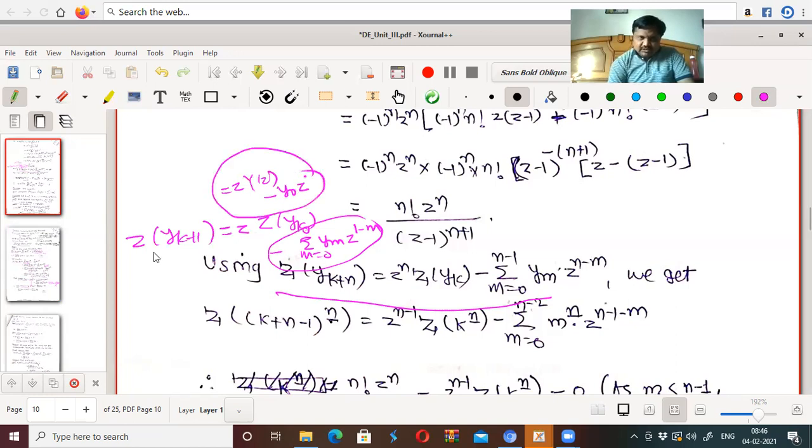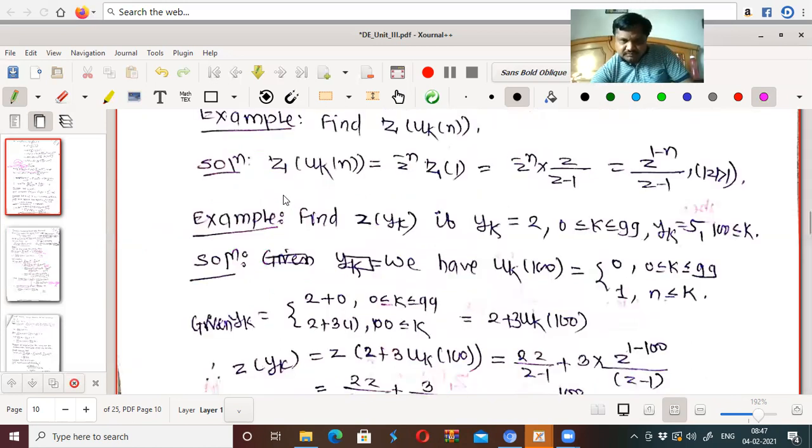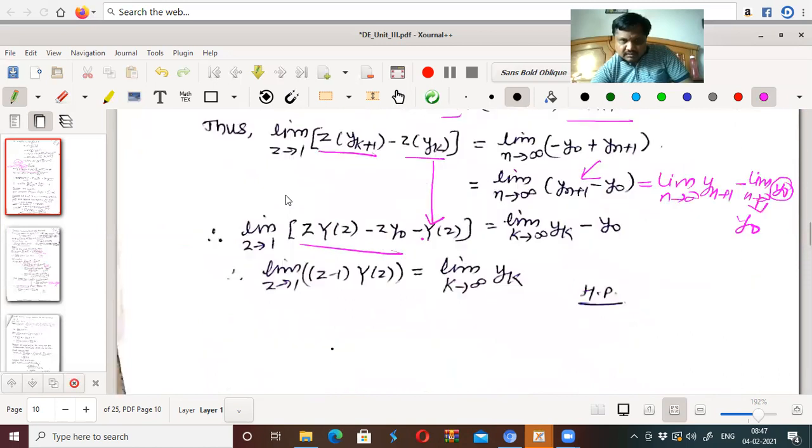So z transform of yk plus 1 is nothing but z into z transform of yk minus z into y0, and that we have used here. So z transform of yk plus 1 is nothing but z into capital Y of z minus z into y0, and this minus Y of z as it is. Now what about this? As n tends to infinity, limit of yn plus 1, and as k tends to infinity, limit of yk, both are the same.